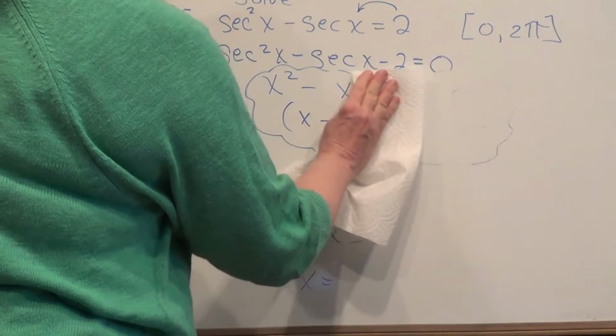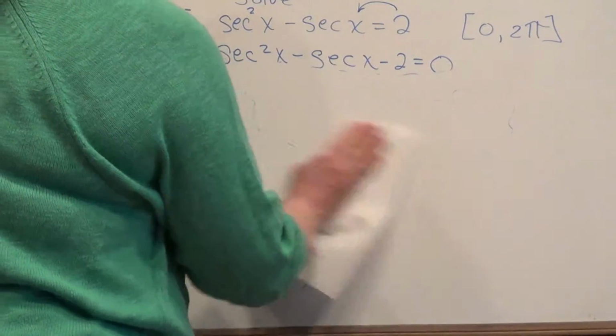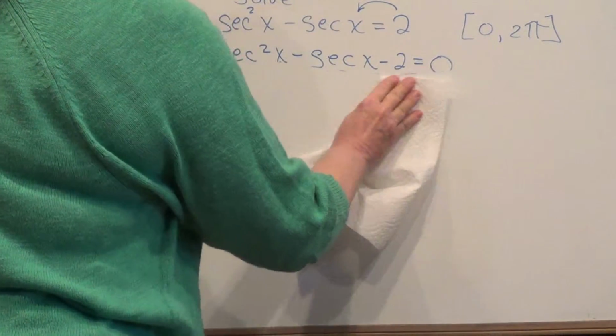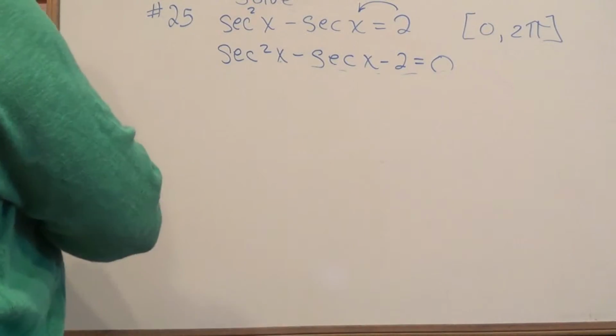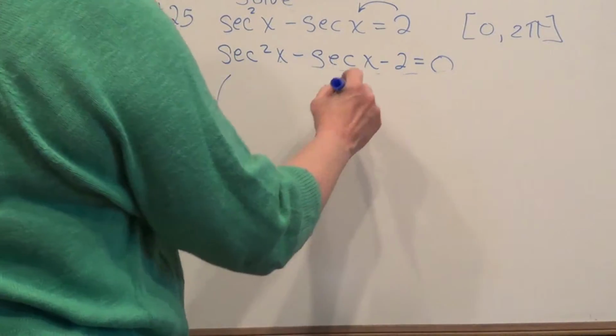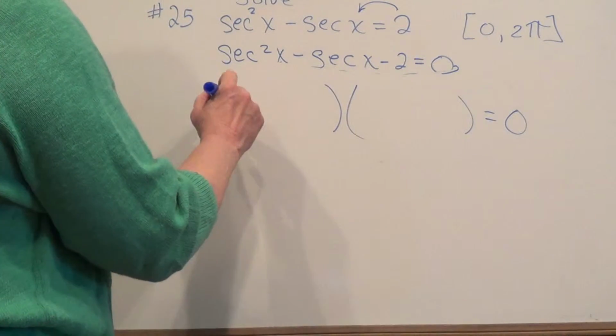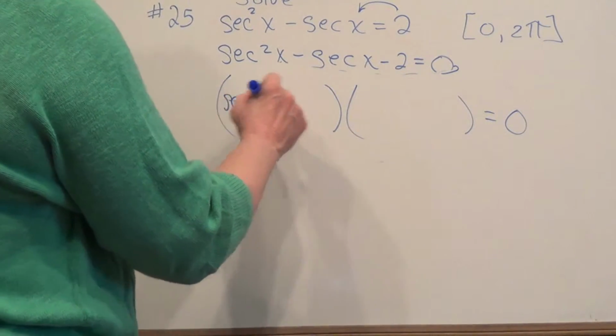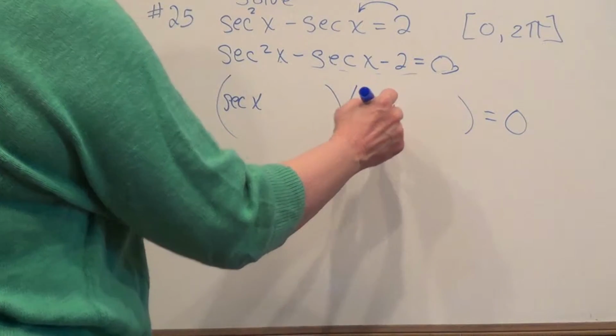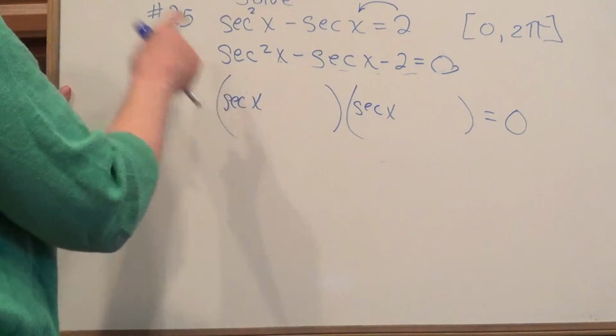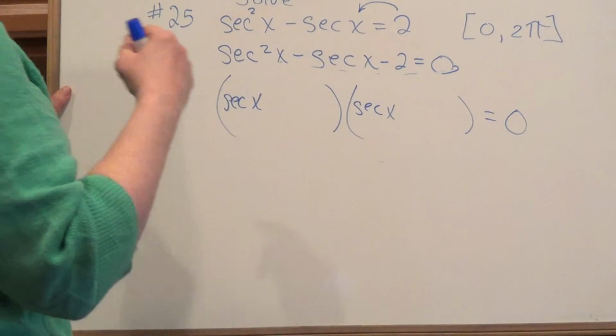So you'll see this kind of playing out itself as we do it with trig. The only difference is that the first times the first has to have a secant in it. So secant x times secant x gives us secant squared x.